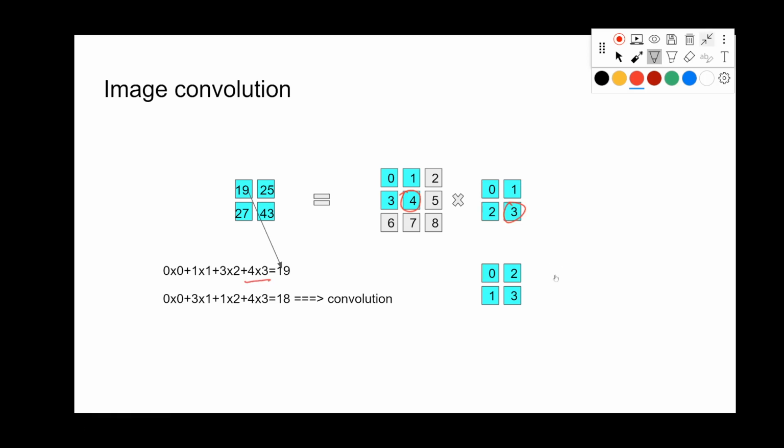When we do the calculation, we get 1, 6, and 12, which is 19. So we get the first number as 19, and we can repeat the whole procedure to get all four numbers.